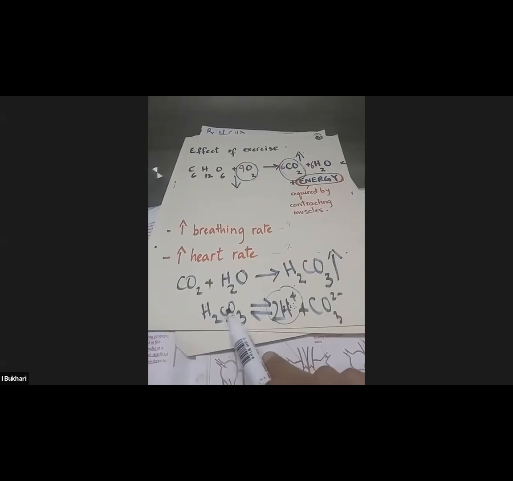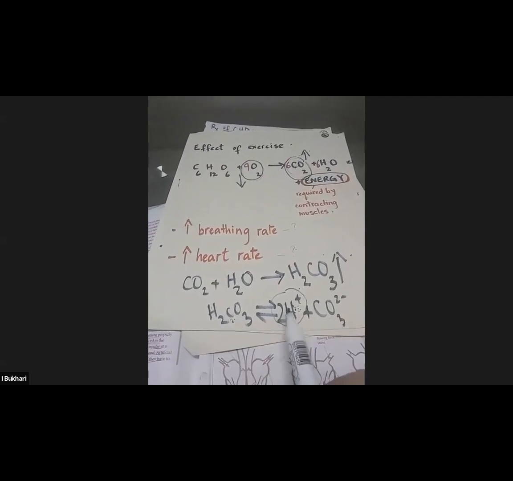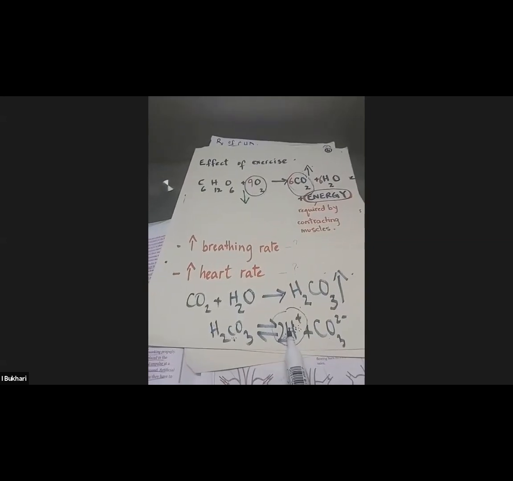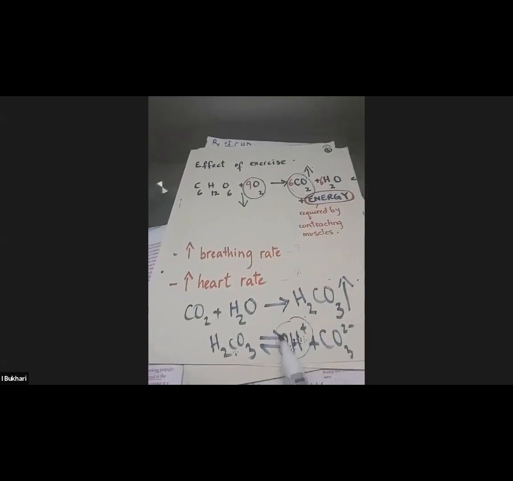So anyway, carbonic acid gives us hydrogen ions, and the hydrogen ion concentration in the blood decreases the pH. That fall in pH is detected by the brain. I have made a flow diagram for this.